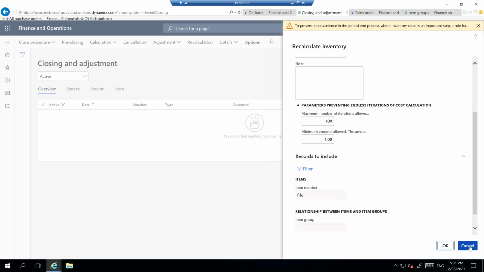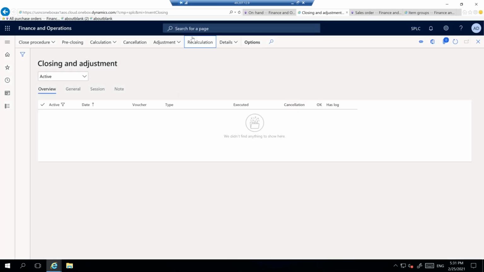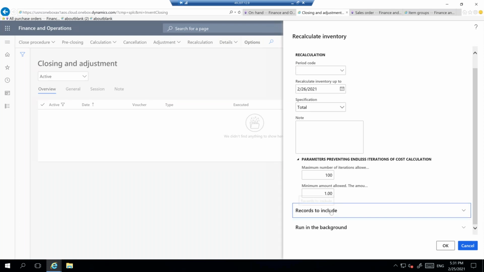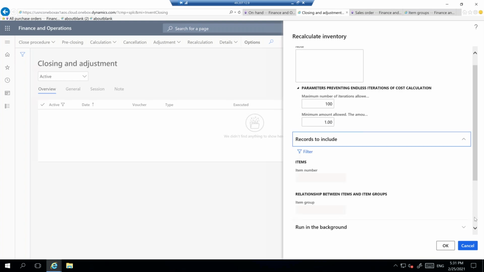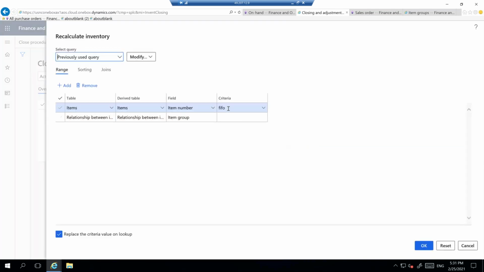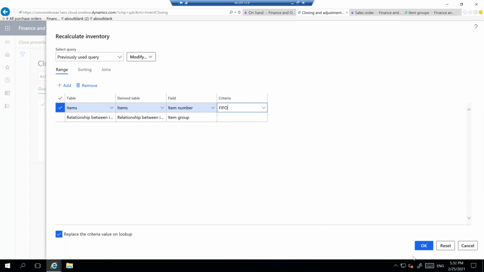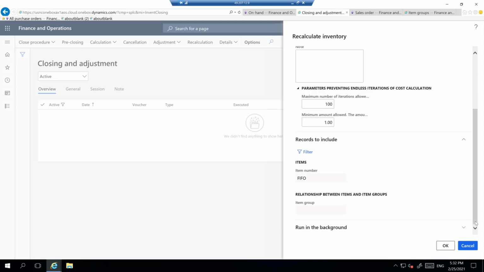One second. Recalculation. Filter. Usually we will not do it for a specific item, but now I am mapping for a specific item. Click OK. So I'm executing now.